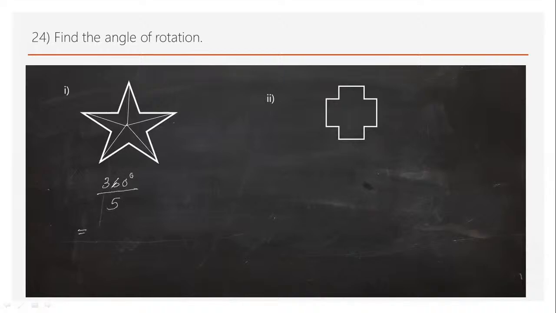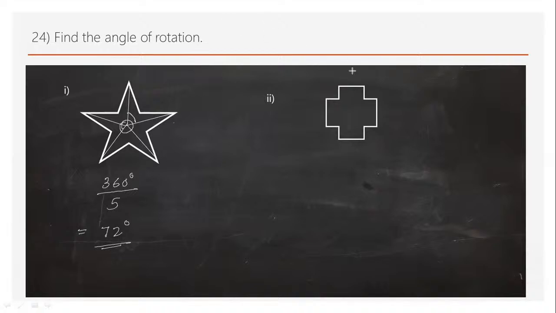Then the angle of rotation is 72 degrees. The angles at a point are 360. We have to divide by the number of symmetrical axes, 1, 2, 3, 4, 5. Dividing by 5, you can get 72.